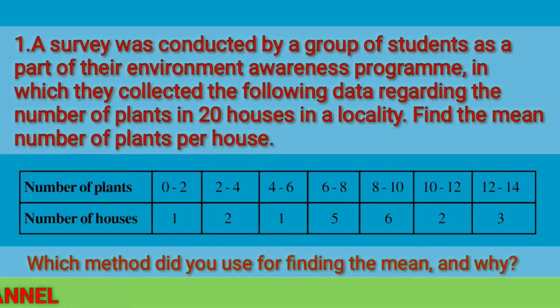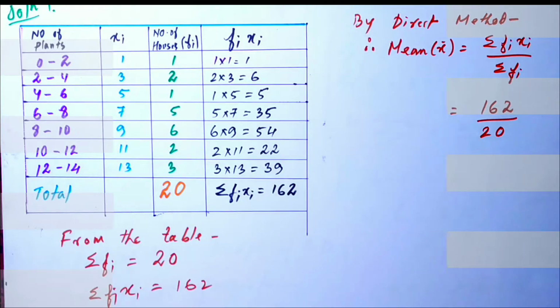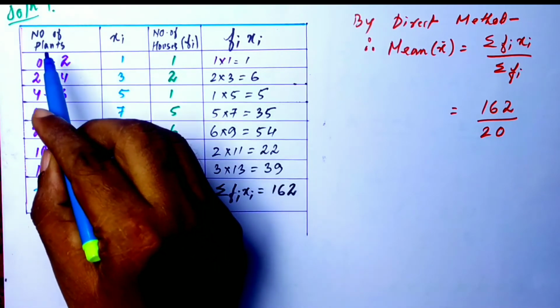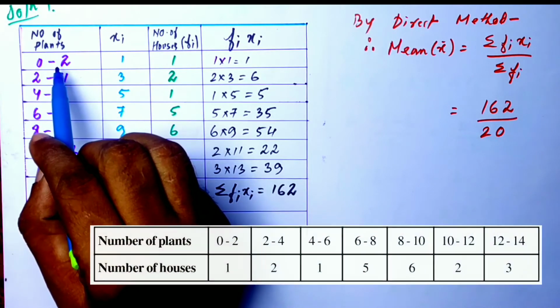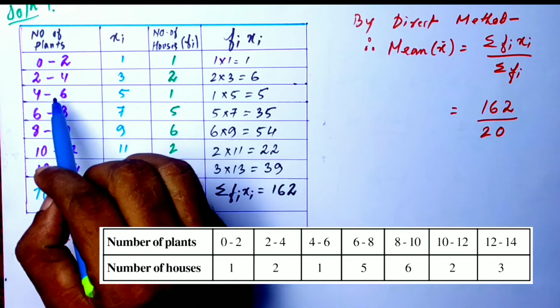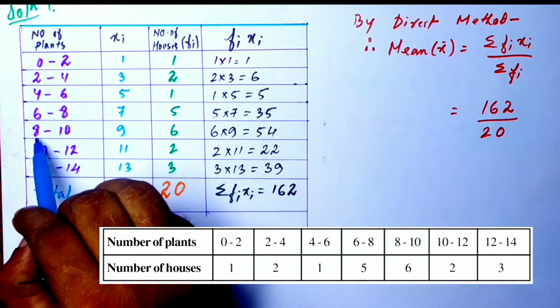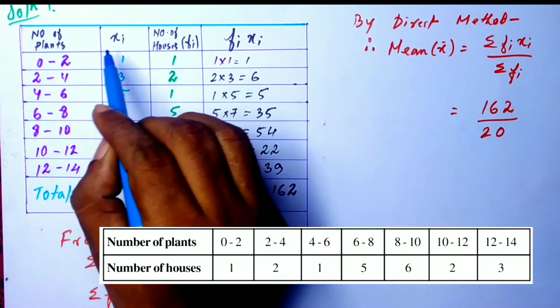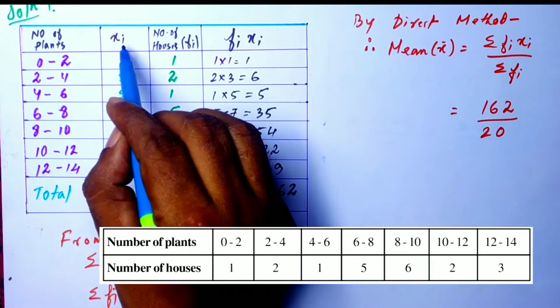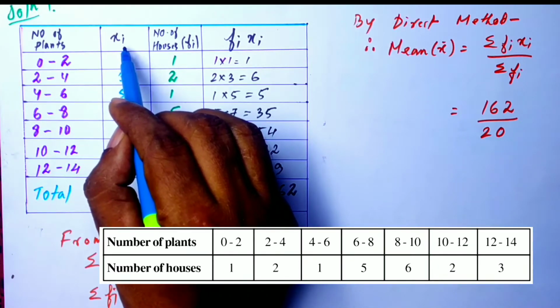Let us solve it. Here we have prepared a table. We have written number of plants 0 to 2, 2 to 4, 4 to 6, 6 to 8, 8 to 10, 10 to 12, 12 to 14. Xi is the mid value or class mark.